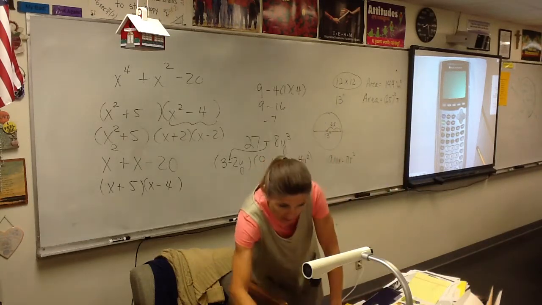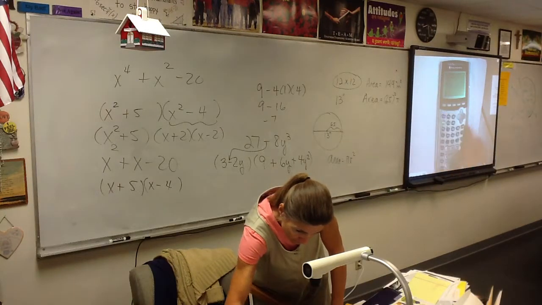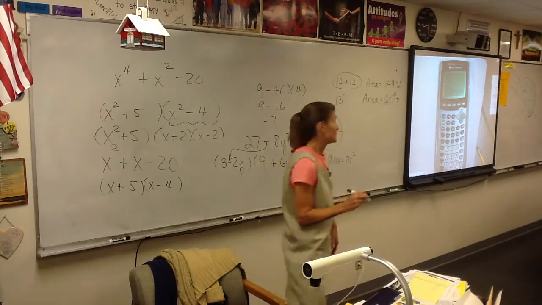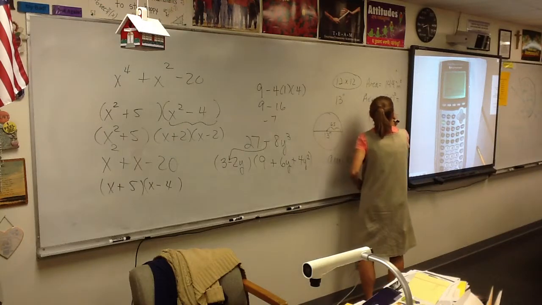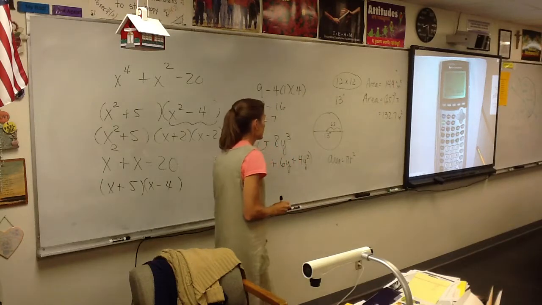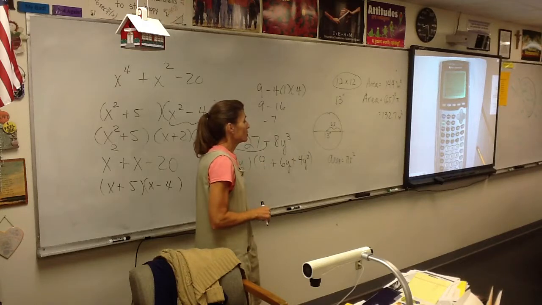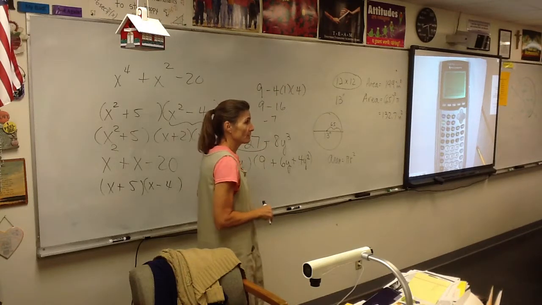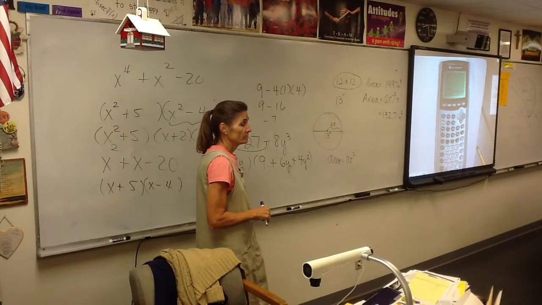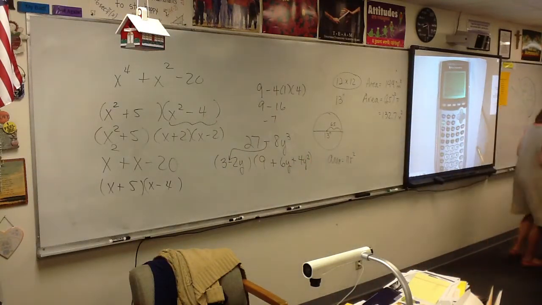So let's see what that is. 132.7. So if you are interested in getting the most block for your money, you're going to choose the square ones? Okay, easy, easy, easy. Kids, these are not hard problems. They're just kind of random and weird.